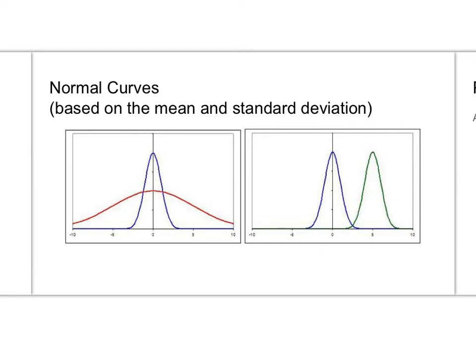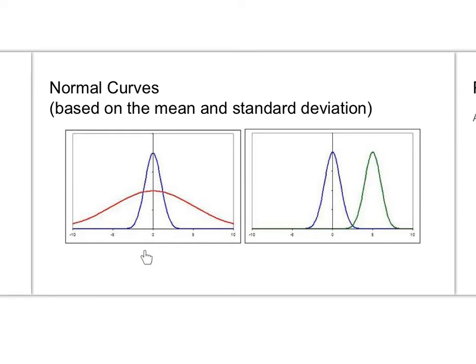Normal curves can be interpreted through the mean and standard deviation. If we take a look at the first set of graphs, we have the red line and the blue line. If we focus our attention here, we can see that the two graphs have the same mean because they have the same location in terms of the center.